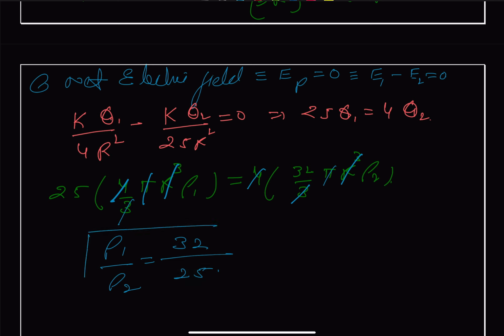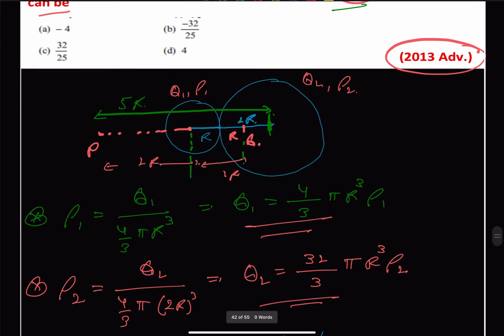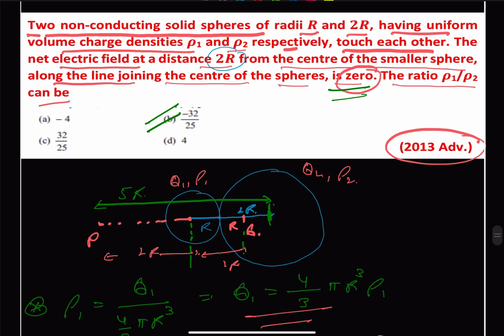And here we have to take care that for the net electric field to be 0, the electric fields should be acting in opposite directions. It means if one is acting towards the left side, then the other will be acting towards the right side. So it has to be oppositely charged. Therefore, the actual ratio will be minus 32 divided by 25. So option B is the correct one.